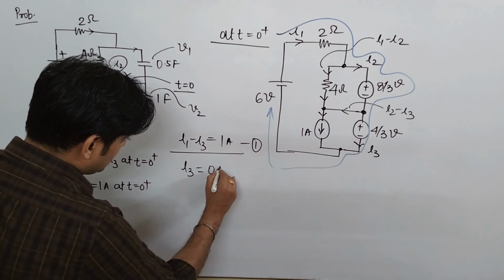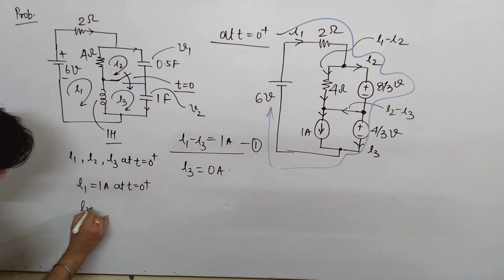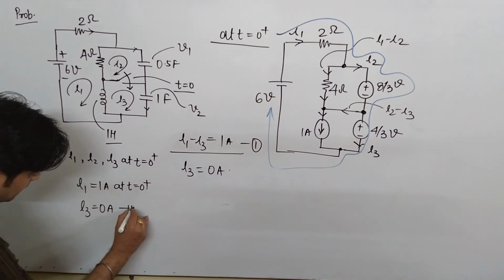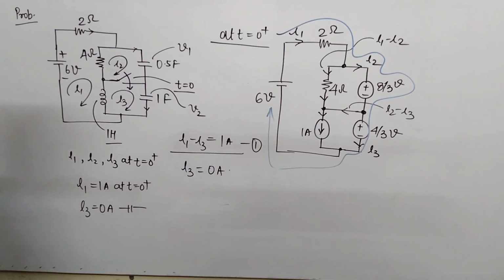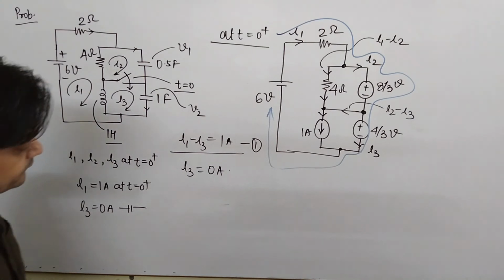I3 comes to be 0 ampere. The value of I3 is 0 ampere at t equal to 0 plus. Now lastly you have to find the value of I2.